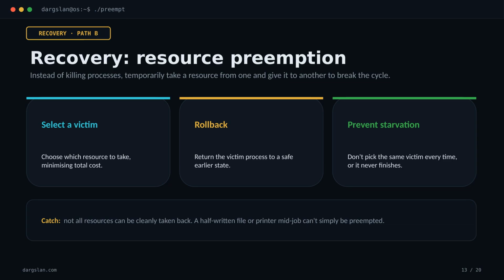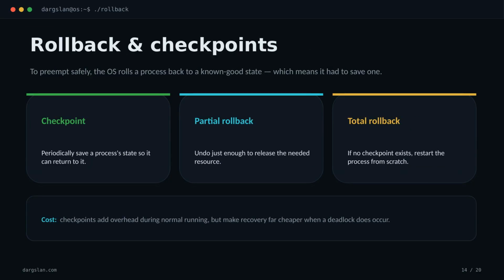The catch? Some resources just can't be cleanly taken back. A printer halfway through a job, or a file mid-write, you can't simply pause and hand those off. And that rollback we just mentioned, it only works if we've been saving state along the way. The OS periodically takes a checkpoint, a snapshot of where a process was, so it has somewhere safe to return to.